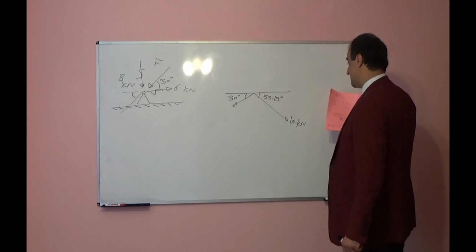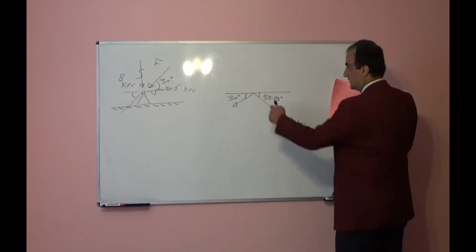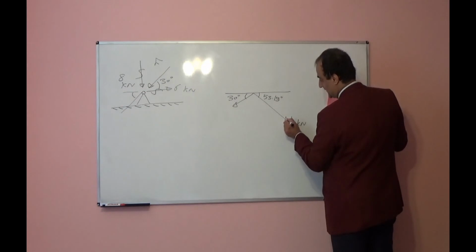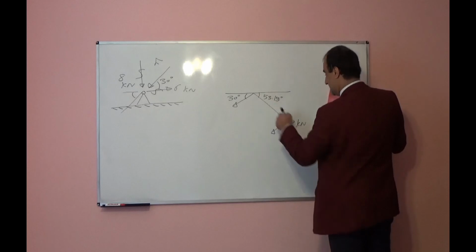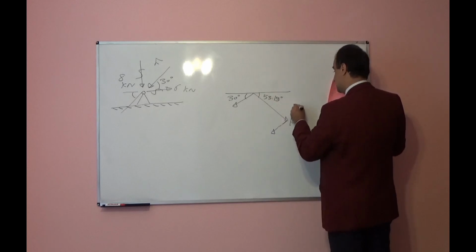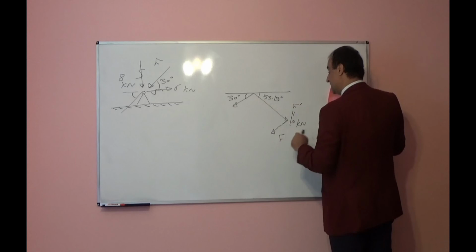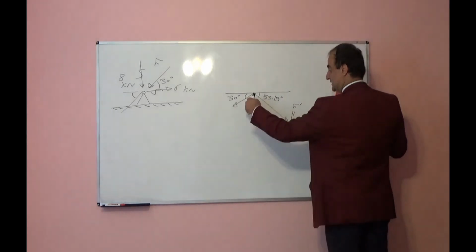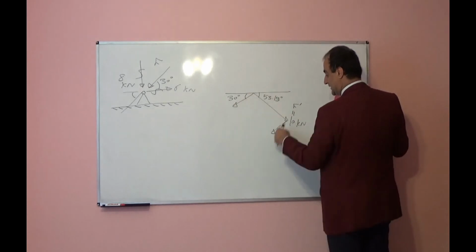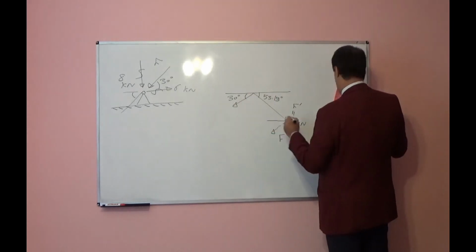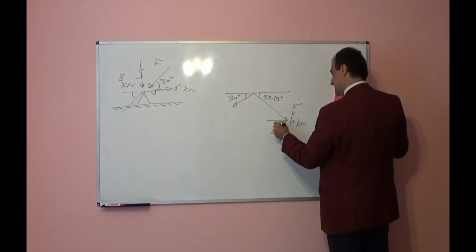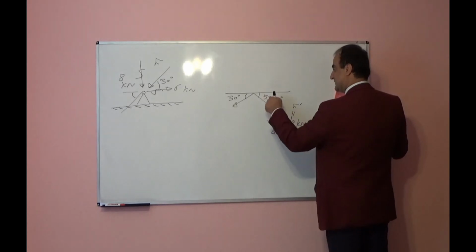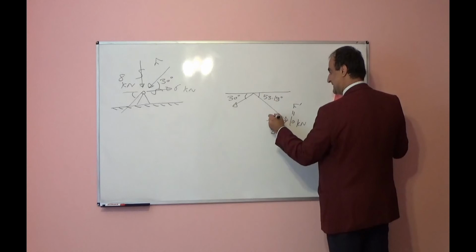So if I follow parallelogram law, I draw parallel to that. This will be F prime, which is 10 kilonewton, and this will be F. I don't know the magnitude of F, but if this is 30 degrees and these two lines are parallel, this will be 30 degrees and this is 53.13, so this angle will be 53.13.